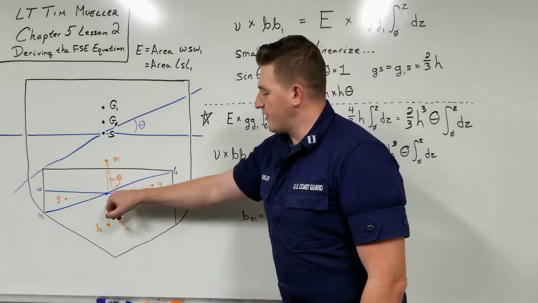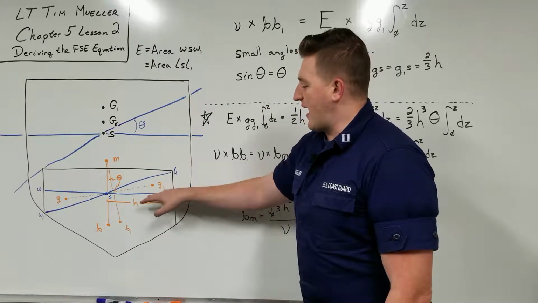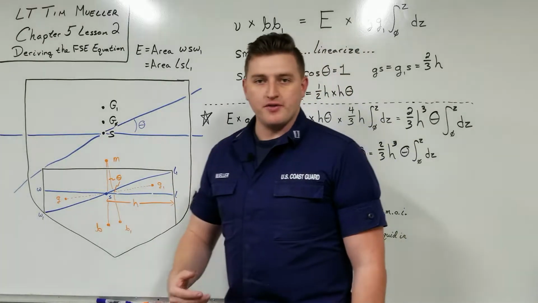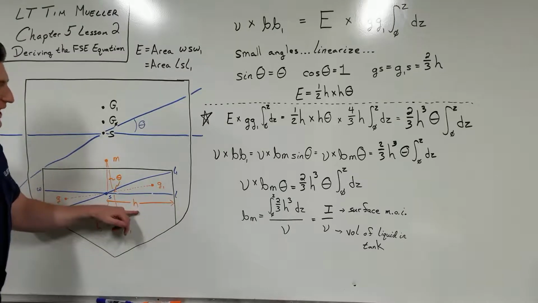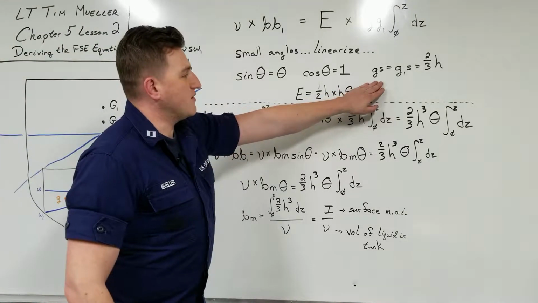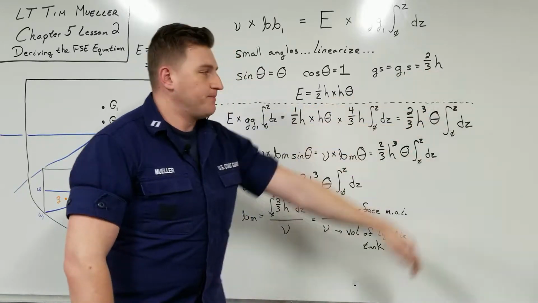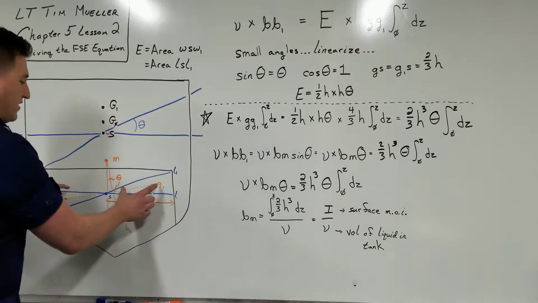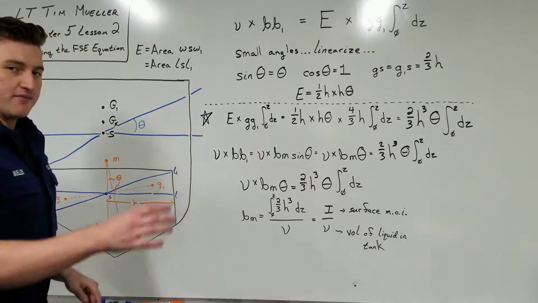If this length is the same as this length, that means our imaginary point right here is at 2/3 of the length of the triangle, which is H. So GS equals G1S, which equals 2/3 H. Next, E, the area of these small triangles, equals 1/2 of the base times the height.